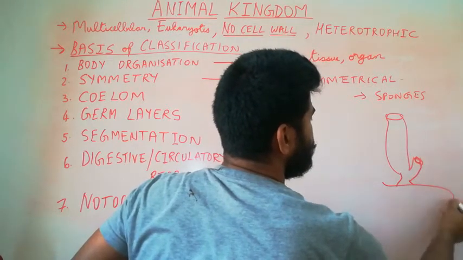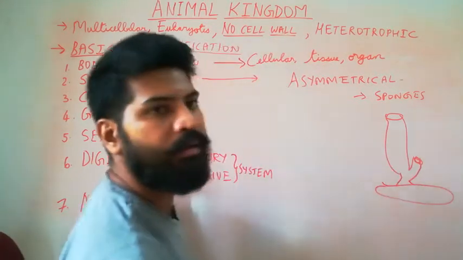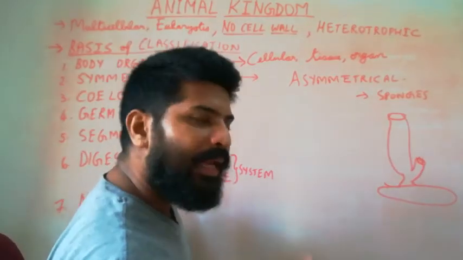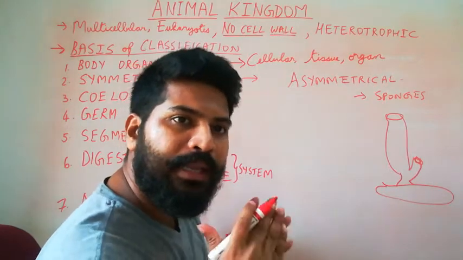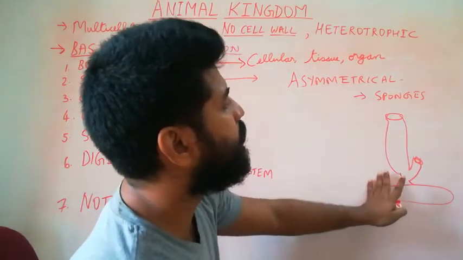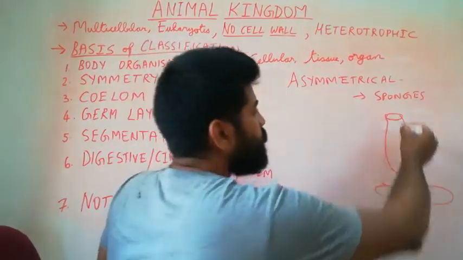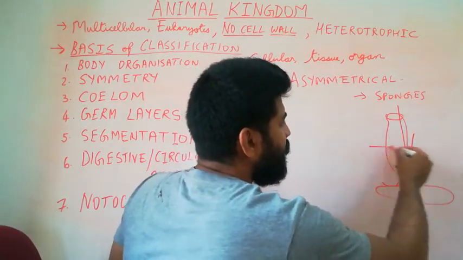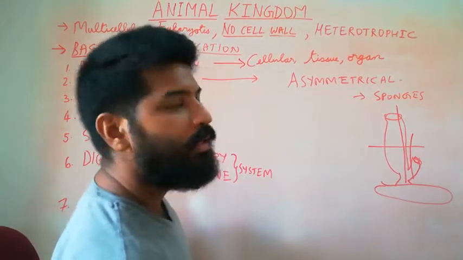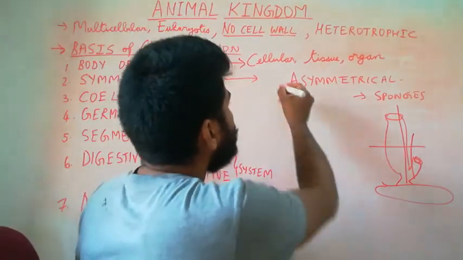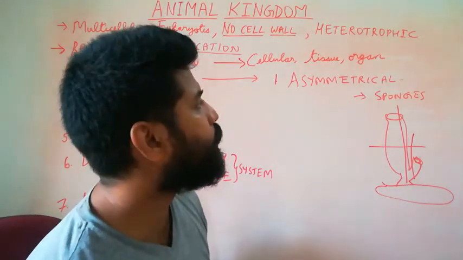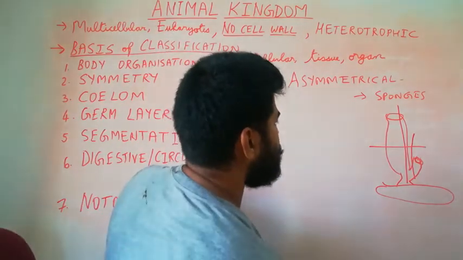It is attached to some rock, etc. Now, any plane of axis cannot divide this into equal halves. So we cannot divide it into equal halves. So such kind of animals are known to have asymmetrical structure. So there is no symmetry, that is in sponges.